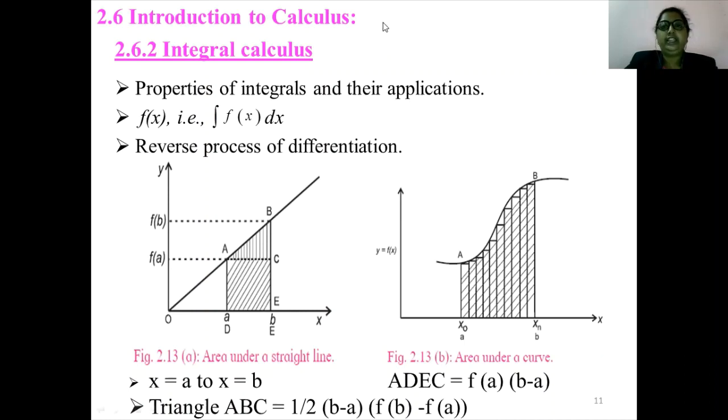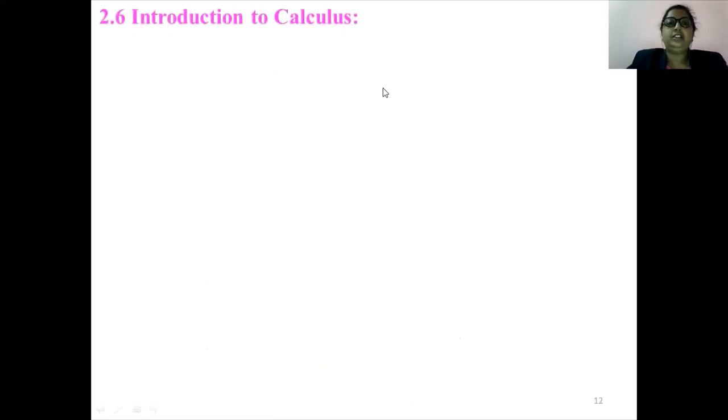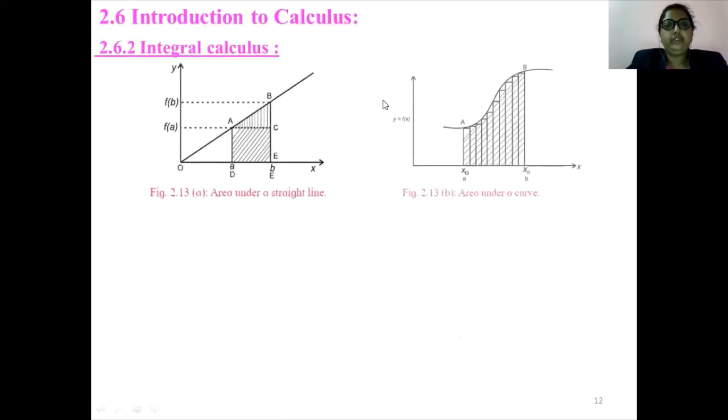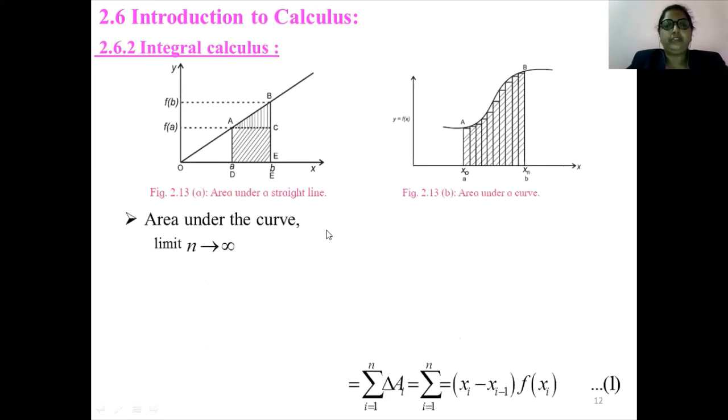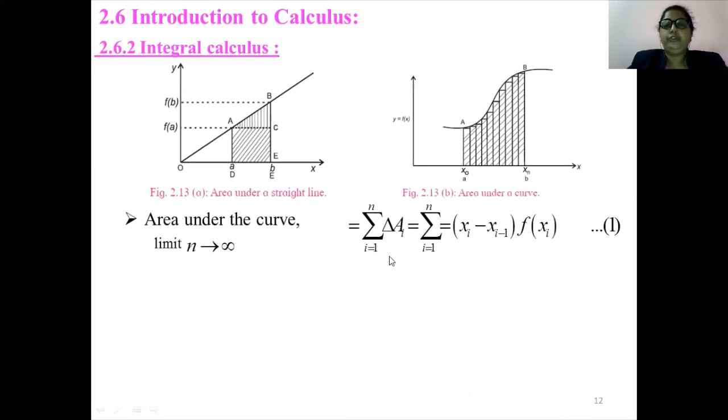Thus, the area under the curve is given by this equation: summation of i equal to 1 to n of delta A i, which equals summation of i equal to 1 up to n of (x i minus x i minus 1) f of x i.